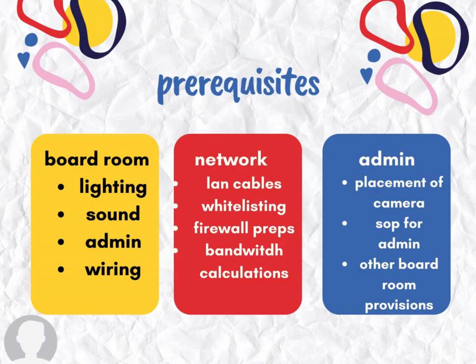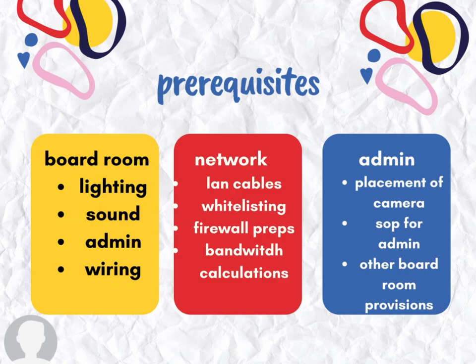Wiring has to be neat and clean. The admin part is another part: you have to securely install video conferencing equipment through a mount. So make sure your admin department is up to date as to the safety features.